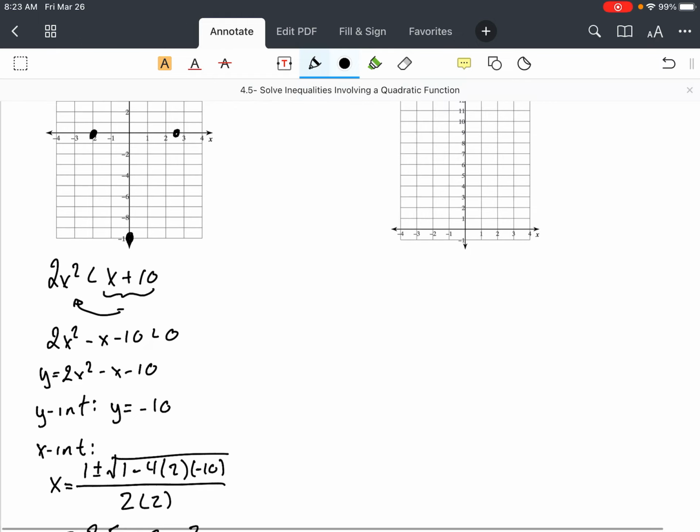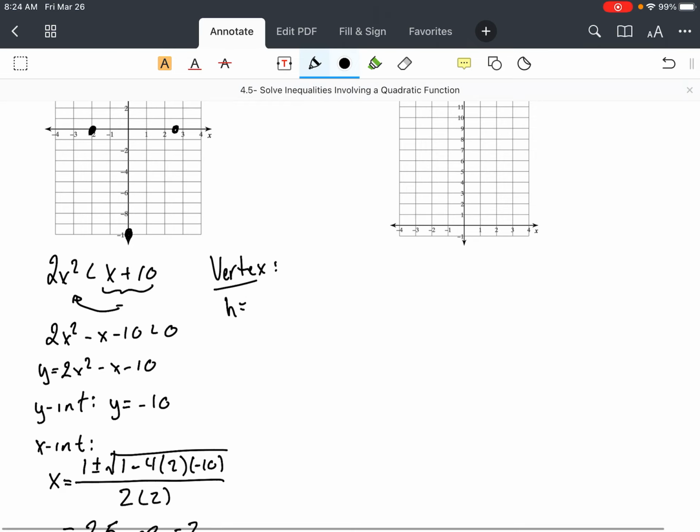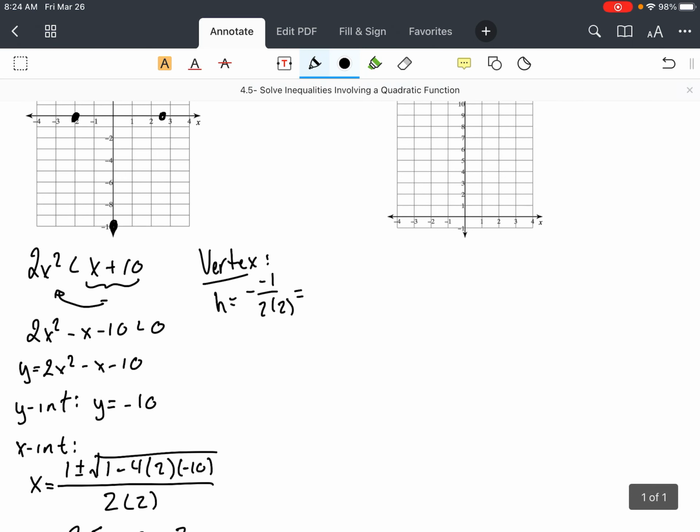All right, and the last thing I want to do is find the vertex. So h is going to be negative b over 2 times a, which is 2. So the h value would be 1/4.